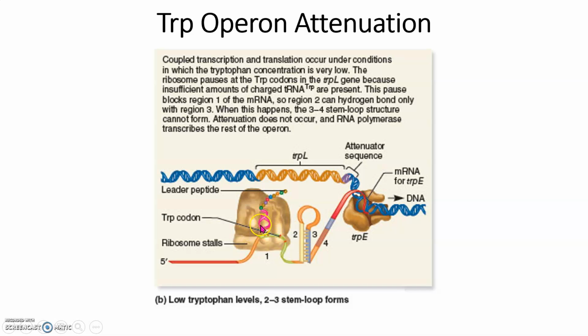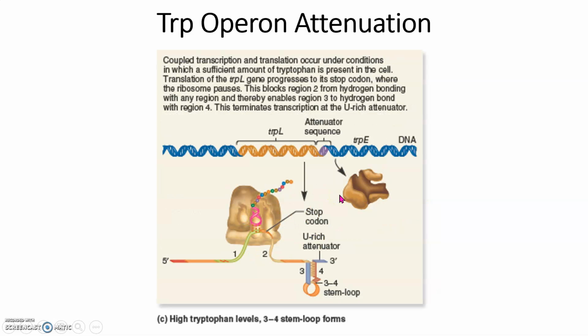So our ribosome is sitting here waiting to be able to use the tryptophan. As it's waiting, it's stopping 1 from binding to 2, allowing 2 to bind to 3. Because 2 binds to 3, 3 can't bind to 4. Therefore, we don't worry about this attenuator sequence. And so transcription can continue, and once this continues, translation will be able to continue.